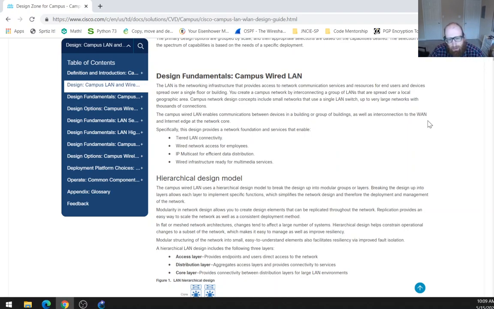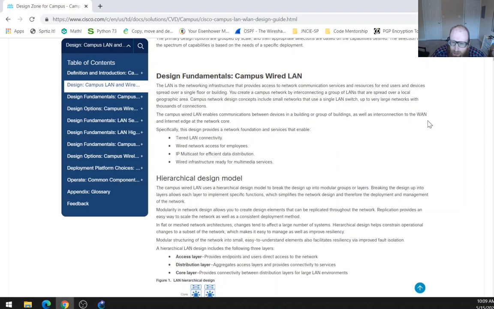Next section is Design Fundamentals, Campus Wired LAN. The LAN is the networking infrastructure that provides access to network communication services and resources for end users and devices spread over a single floor or building. You create a campus network by interconnecting a group of LANs that are spread over a local geographic area.